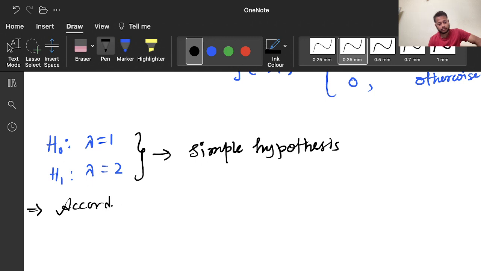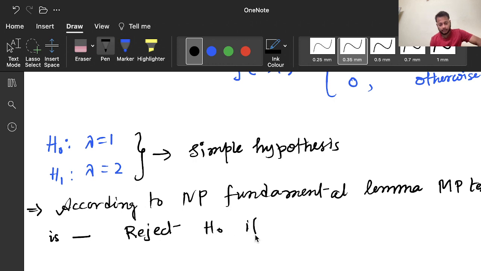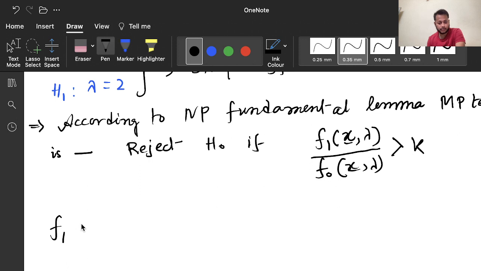According to the NP fundamental lemma, the most powerful test is reject H0 if the joint distribution under H1 divided by the joint distribution under the null hypothesis is greater than some constant k.